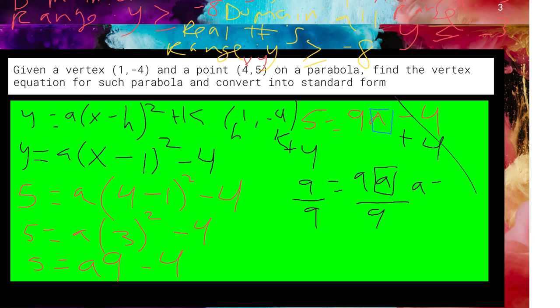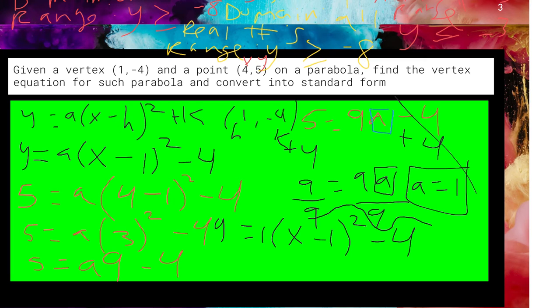So I get that a is equal to 1. So now I can plug it in. I have that y equals 1 parentheses x minus 1 close parentheses squared minus 4. And this is my vertex form equation. But then they're asking me to convert it into standard form.